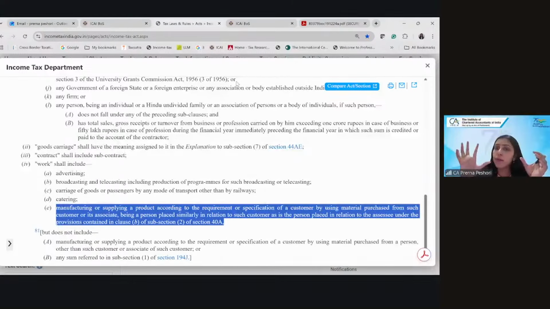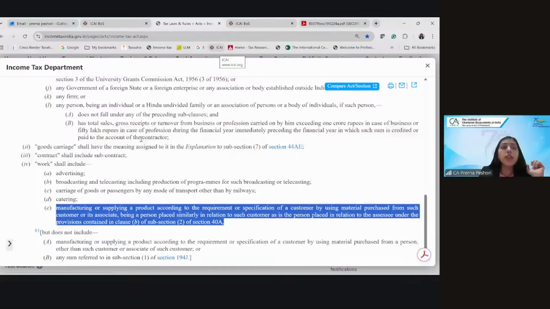The bag manufacturer would be one person, but you put logos, you paint drawings on that bag, you give it to some other person. Now, he will make some drawings or put some logos according to the requirement of the customer itself, and the bag belongs to that customer only. That is a job work. However, if the person manufactures the logos and all and purchases back from a third party and then sells it to the customer, that is not job work. That is not covered under 194C.